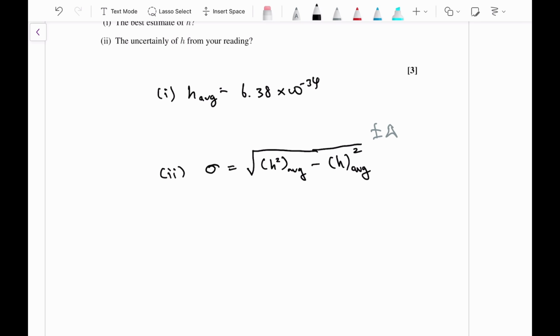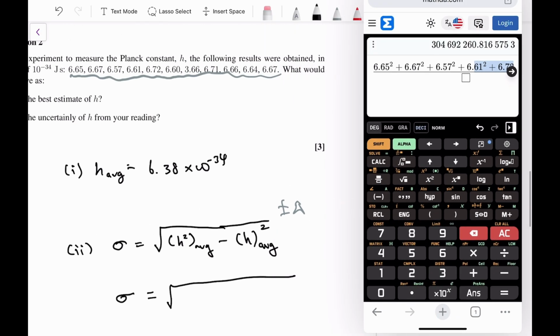So now let's see. The average of the numbers squared is 6.65 squared, plus 6.67 squared, plus 5.7 squared, then 6.1 squared, 7.2 squared, 6.0 squared, 3.6 squared, 7.1 squared, 6.6 squared, 6.4 squared, and the last one is 6.7 squared.